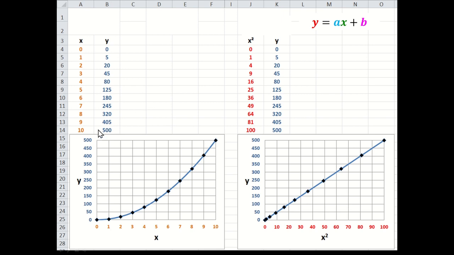Instead of graphing 10 comma 500, we graphed 10 squared comma 500. And instead of graphing 5 comma 125, we graphed 5 squared comma 125.